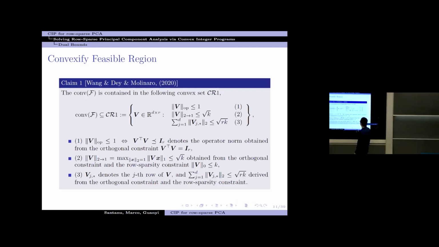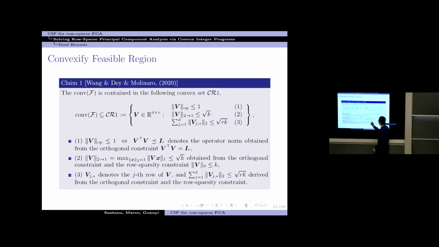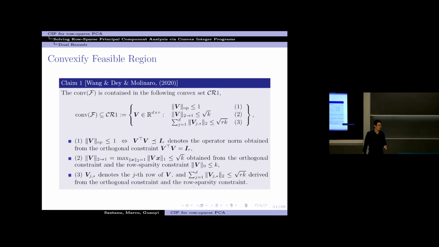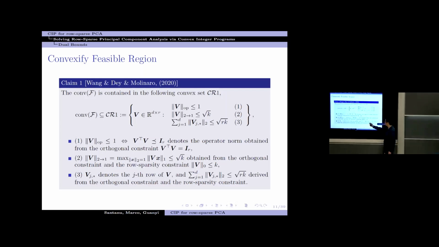In this case, we consider the L2 to 1 norm of this V matrix, and we obtain the second constraint. And finally, since the row sparsity of the principal components is at most k, we could consider the summation of the L2 norm of the rows of V matrix, and it is upper bounded by the square root of RK.